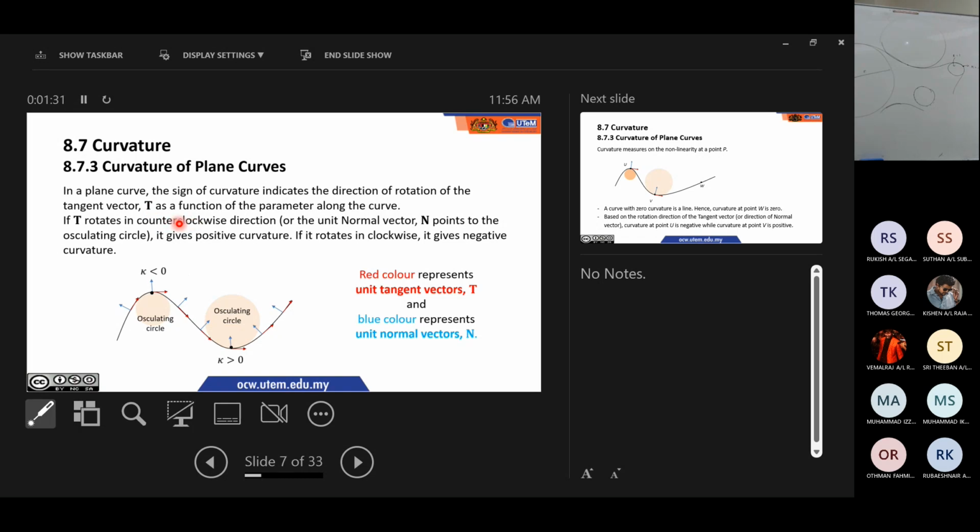Clockwise means it follows the clock direction; counterclockwise means the other way around. So when T rotates counterclockwise, it gives a positive curvature. This is a positive curvature when it rotates in the counterclockwise direction. And here, this is the clockwise direction, so your curvature is negative.